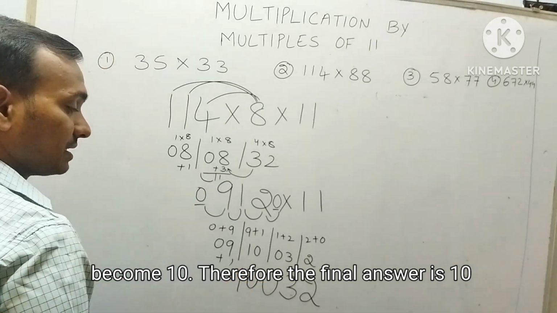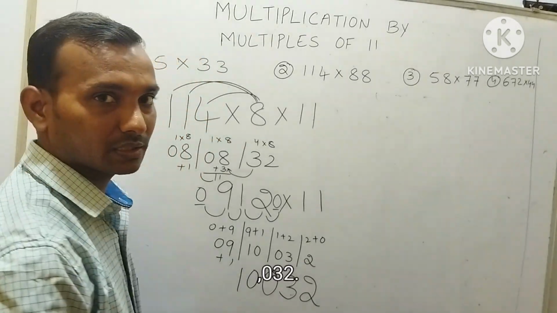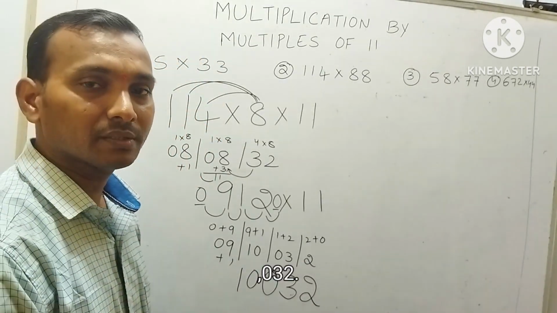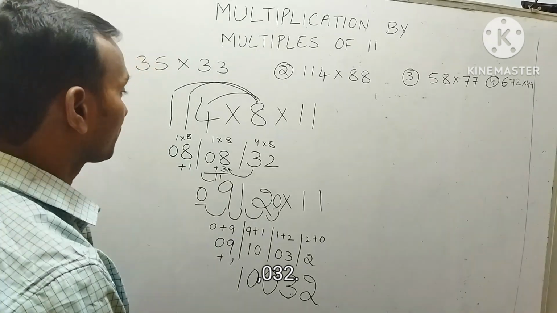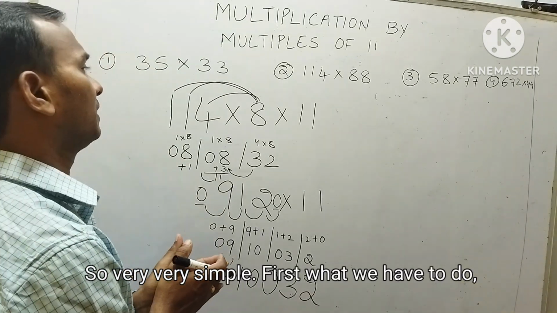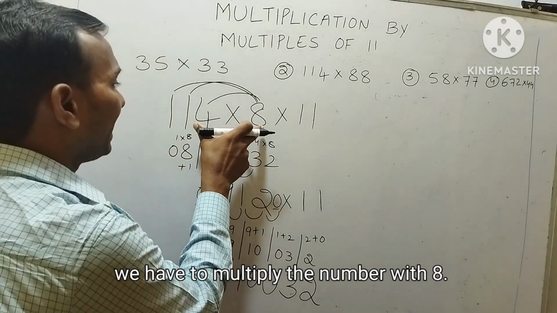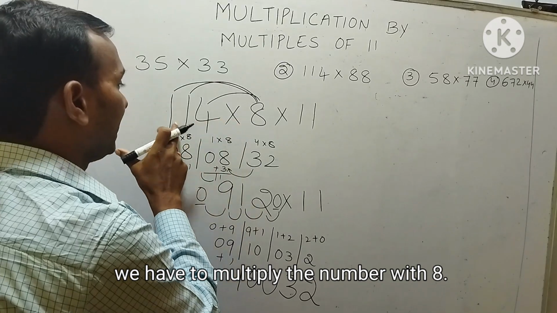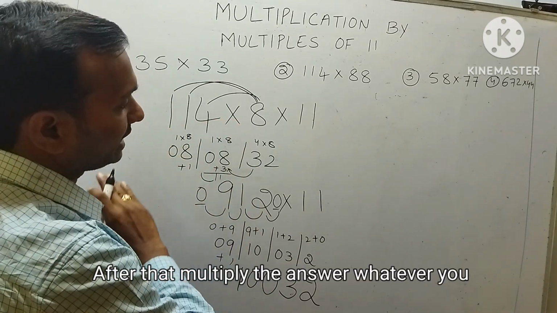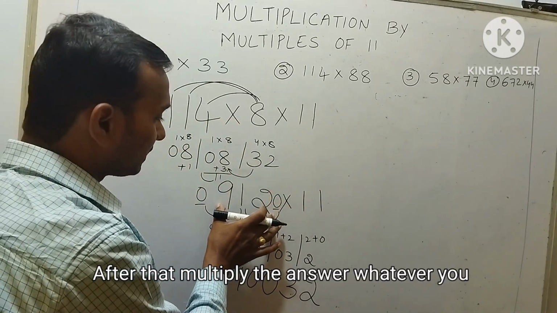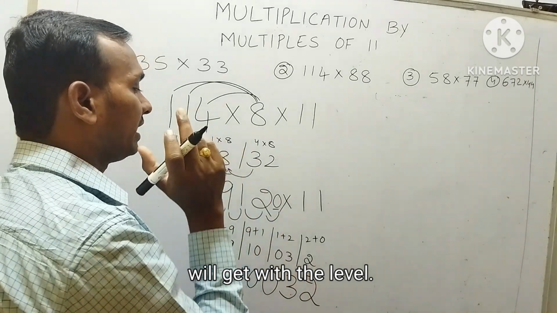Therefore the final answer is 10,032. So very simple. First we have to multiply the number with 8. After that, multiply the answer, whatever you will get, with 11.